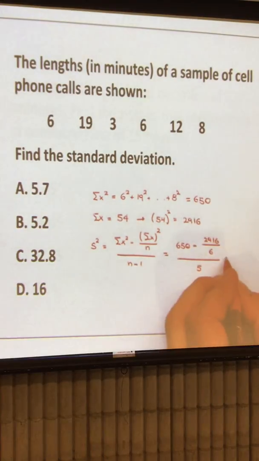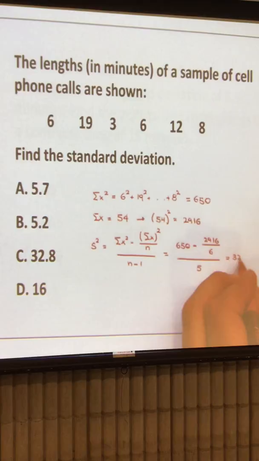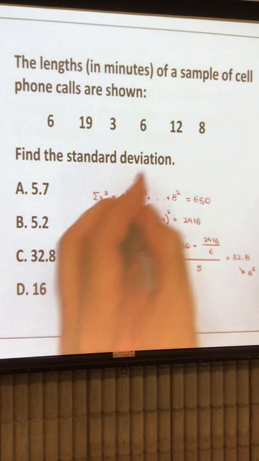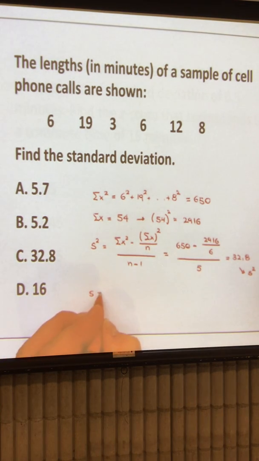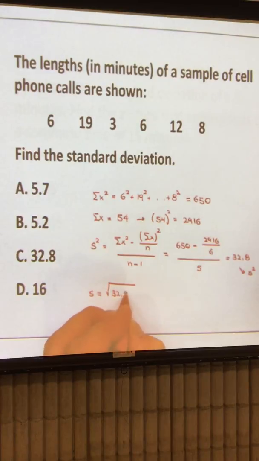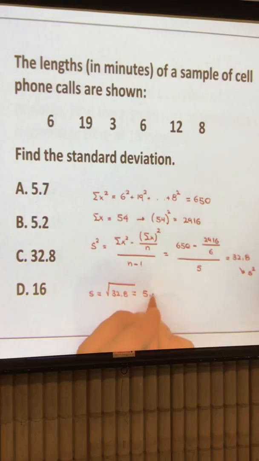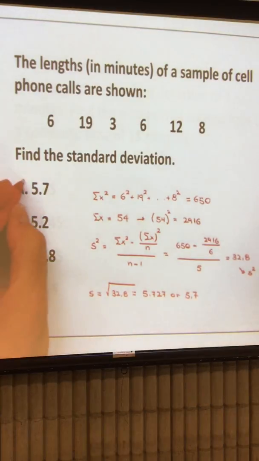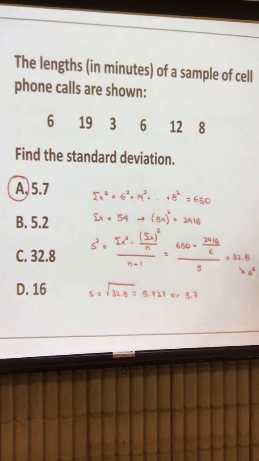If you do this calculation, this is 32.8, but don't forget, this is going to be the variance. For the standard deviation, we have to take the square root of the variance, which is going to be 5.727 or 5.7 if we use 1 decimal. So the correct answer is going to be A.